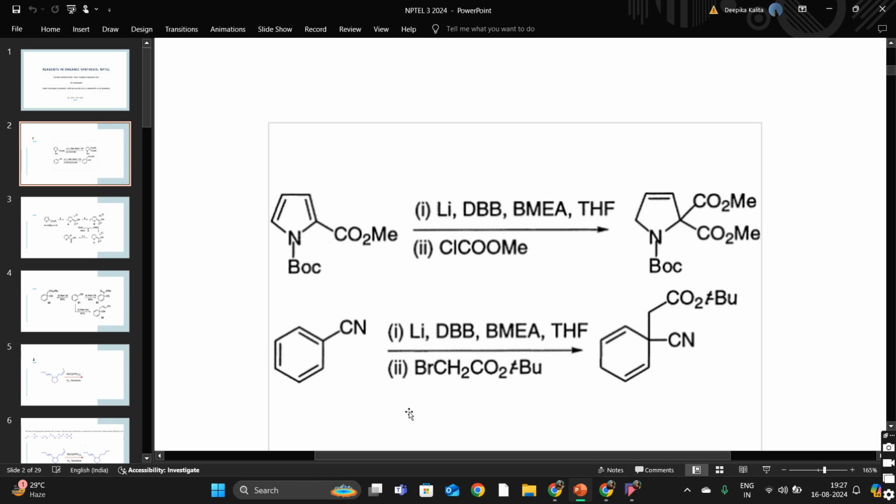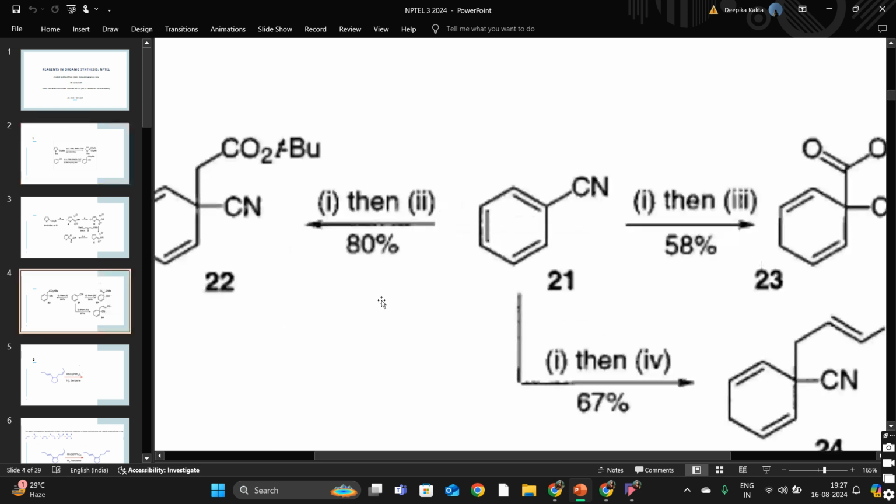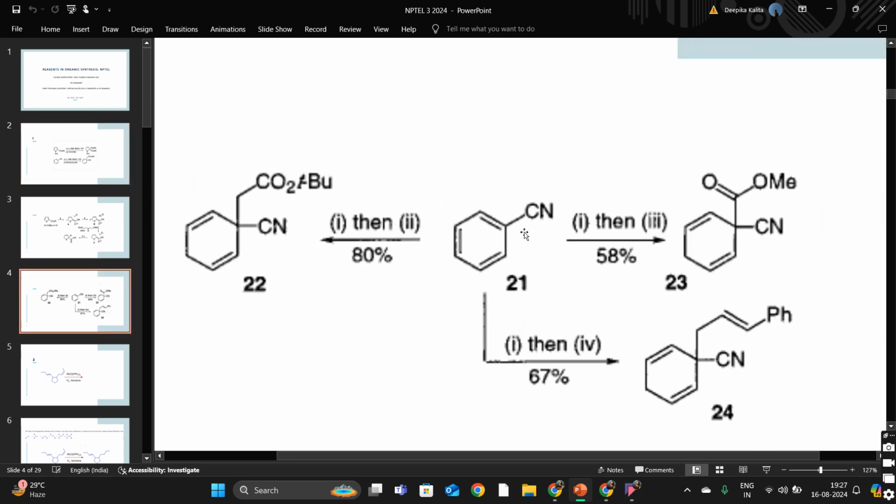So if you solve it step by step like we have done in the first question, you have to first donate your electron from lithium at this position, right? Because this is the electron withdrawing group containing position. And then the arrow will go like this, and you will get an anion at this para position of cyanide.